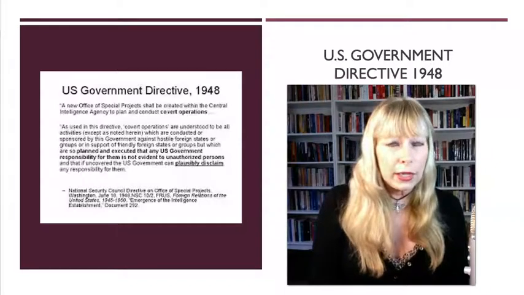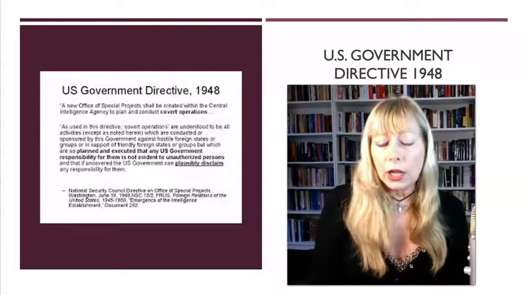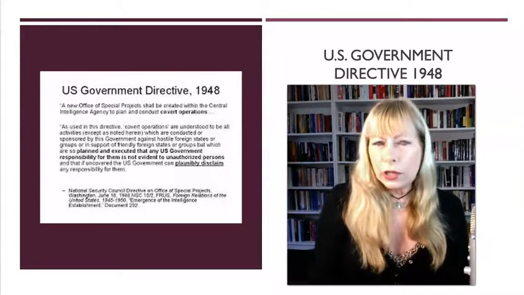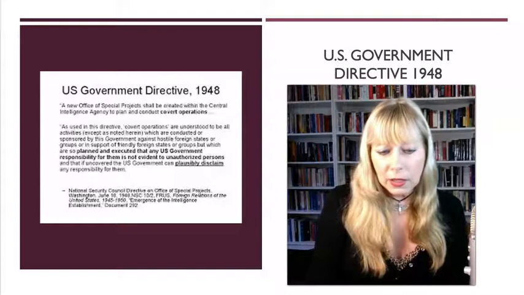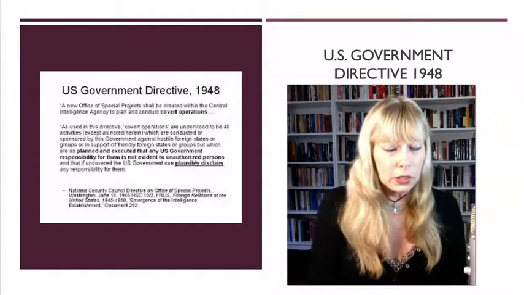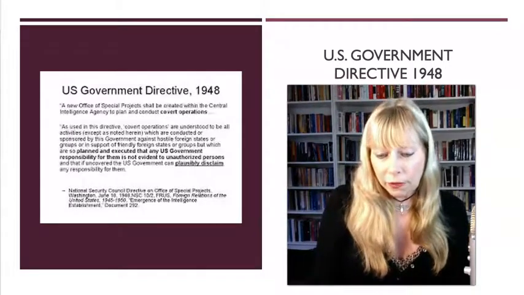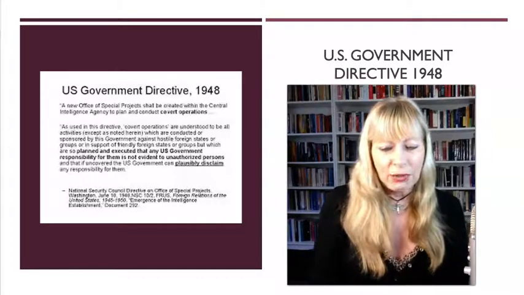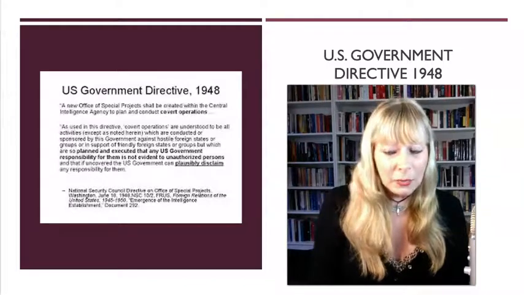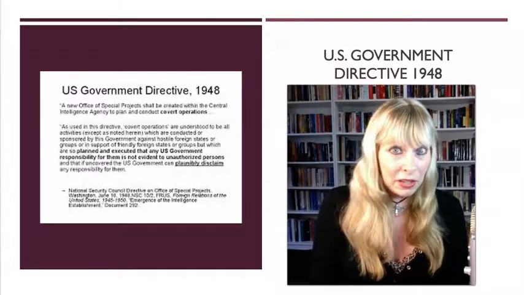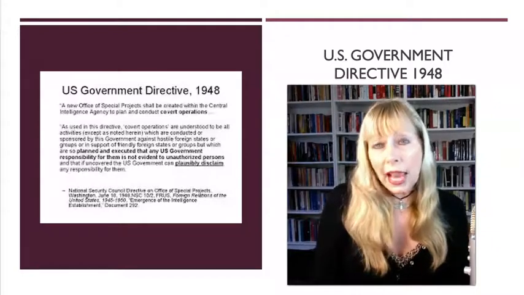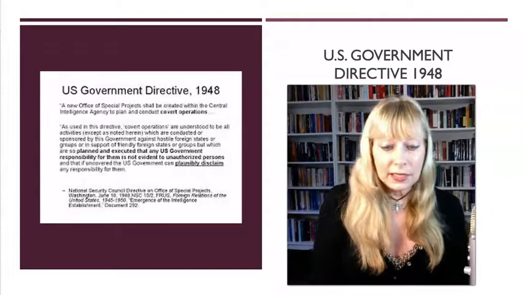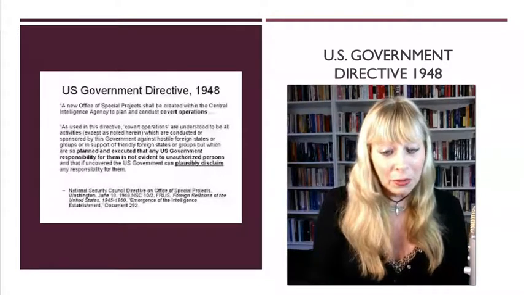As used in this directive, covert operations are understood to be all activities, except as noted herein, which are conducted or sponsored by this government against hostile foreign states or groups in support of friendly foreign states or groups, but which are so planned and executed that any U.S. government responsibility for them is not evident to unauthorized persons, and that if uncovered, the U.S. government can plausibly disclaim any responsibility for them.